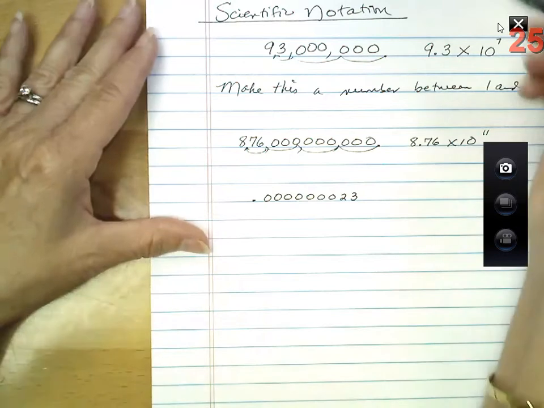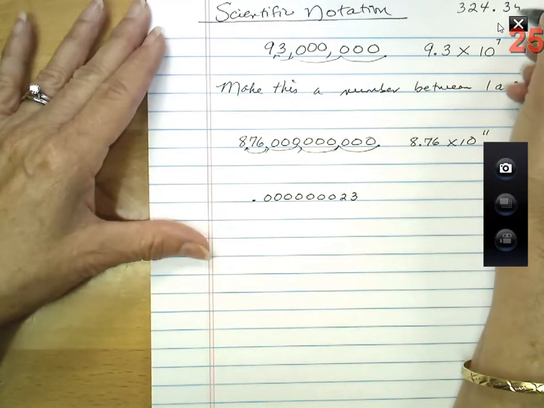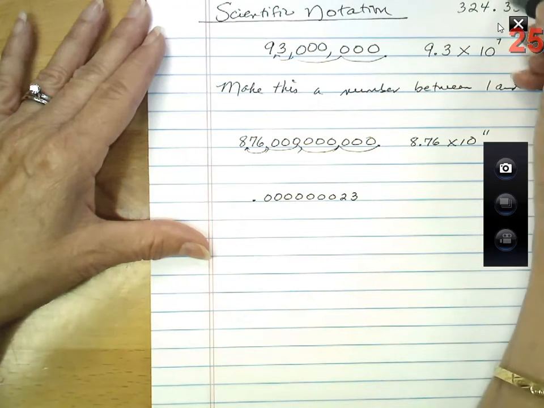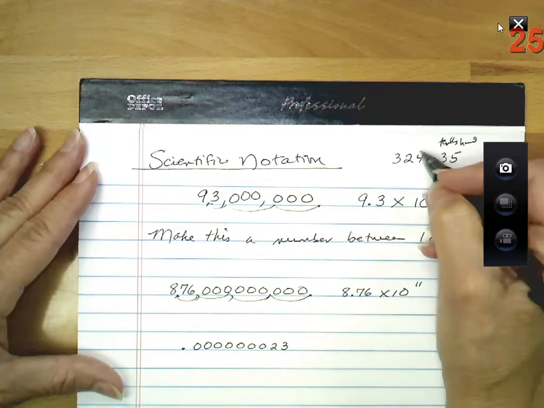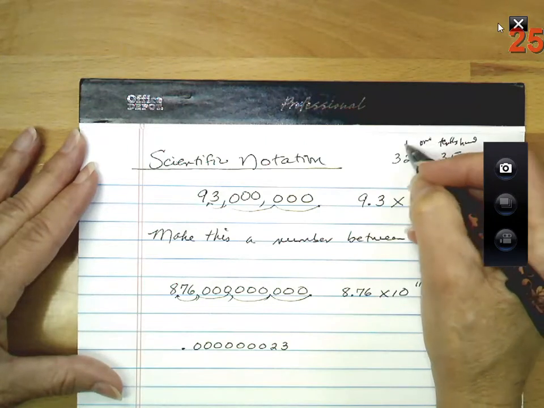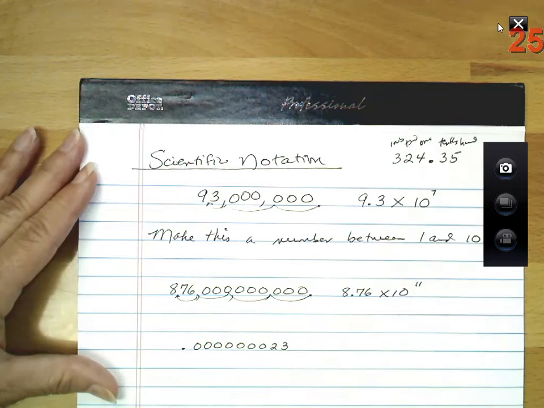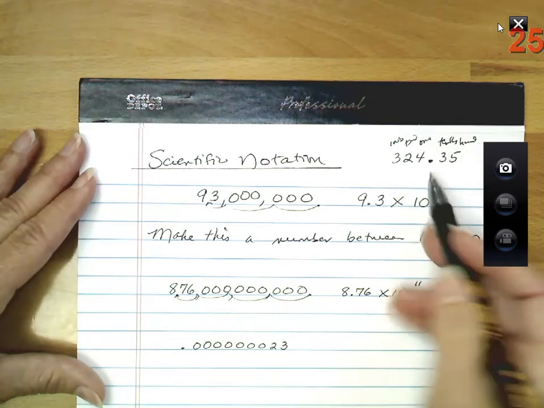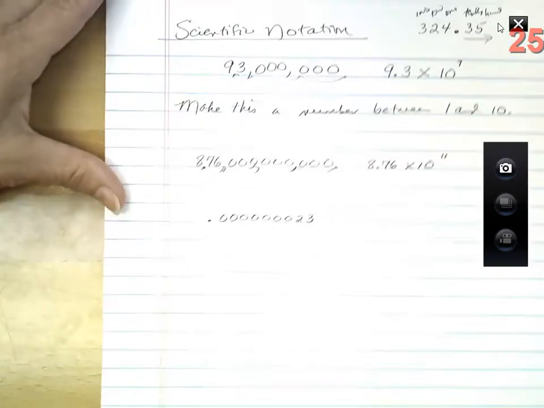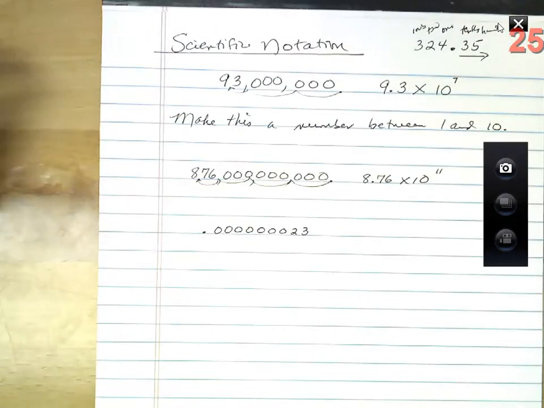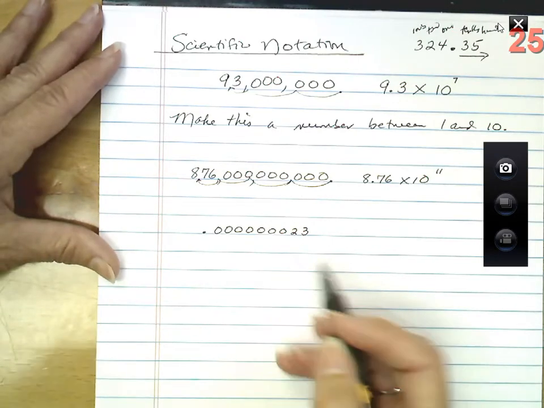Remember, we wrote different numbers like this, and we talked about how this is tenths, and this is hundredths, and this is ones, tens, hundreds, and then the decimal was in the middle, like for "and." So everything back this way is a fraction of a whole number. So this is a tiny number, but we can also use scientific notation to read this.